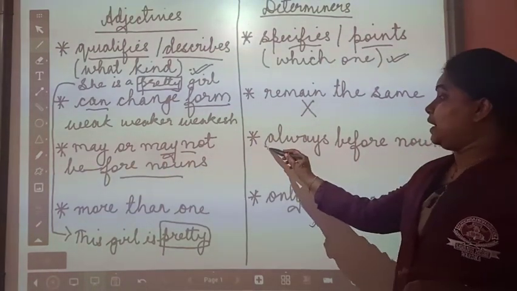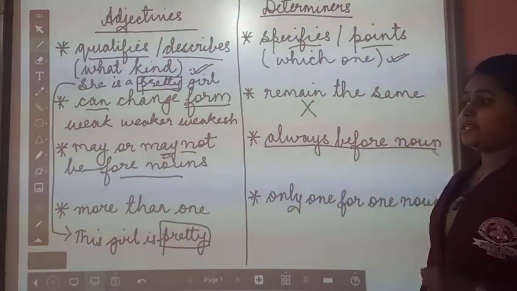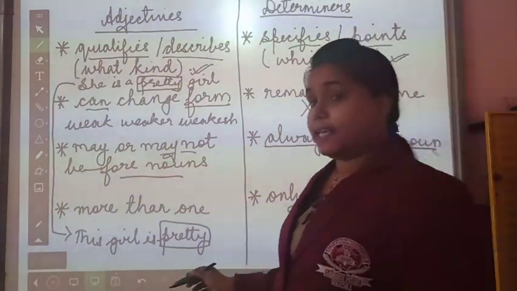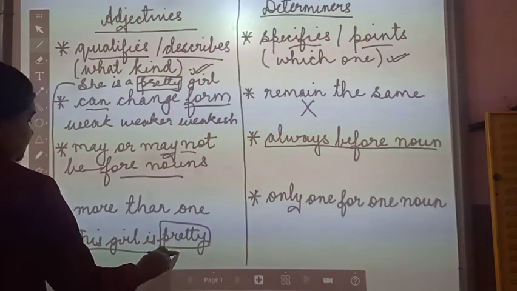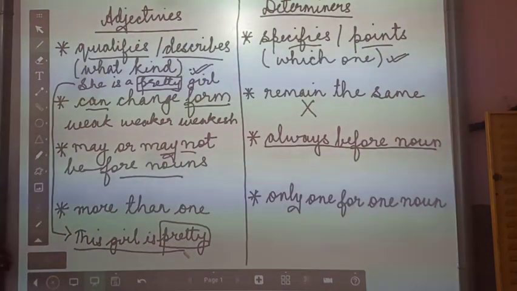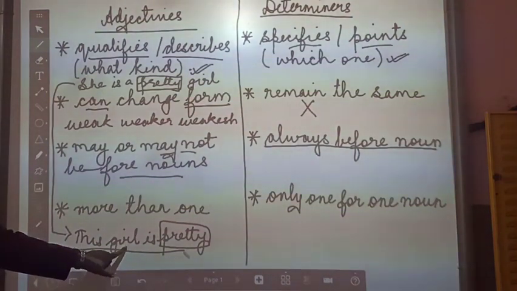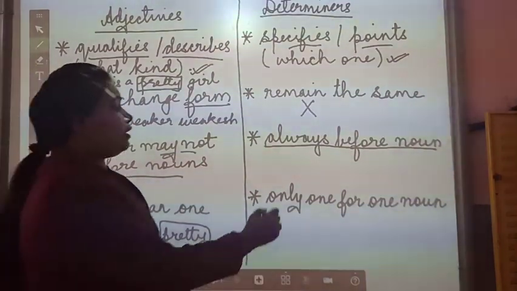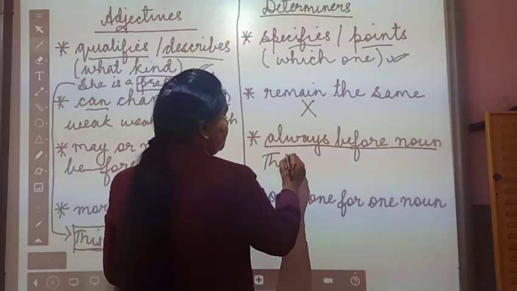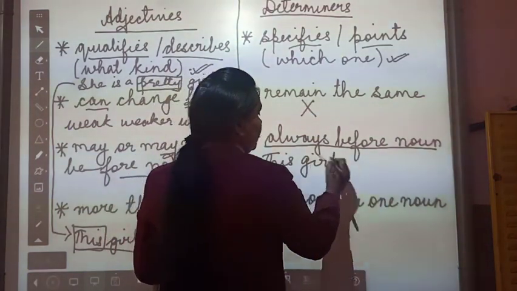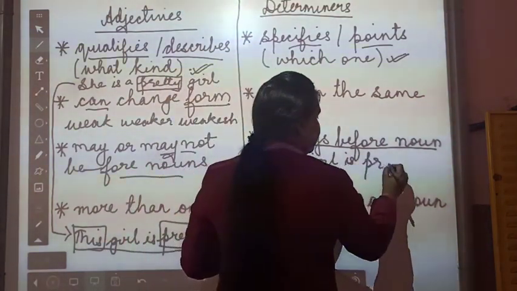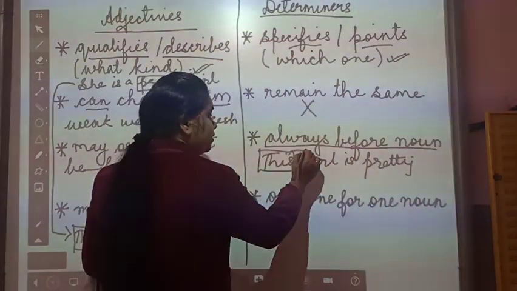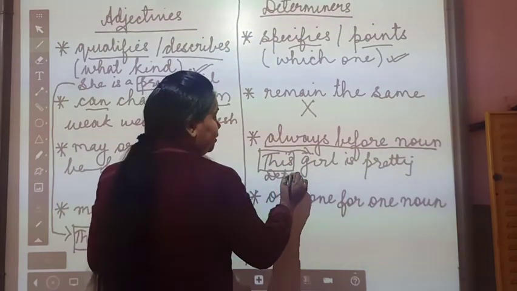But determiners are always placed before the noun. Okay. When I say this girl is pretty, I am pointing out at particularly this girl. Which word is used to point out this? Okay. So here, this girl is pretty. In this, the word this, which is specifying the girl, is my determiner.